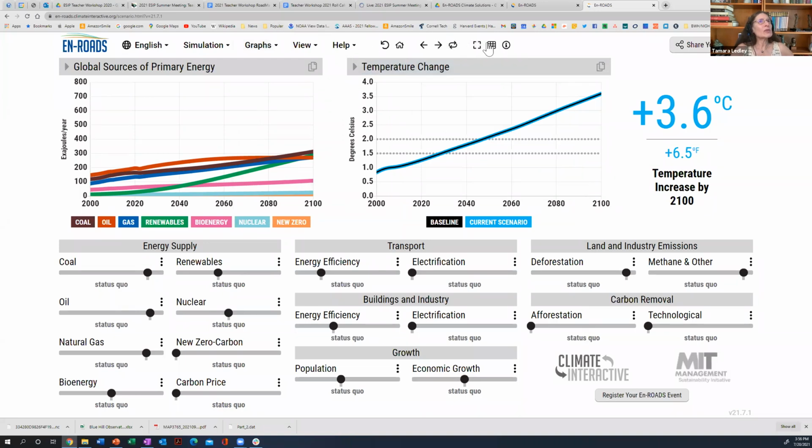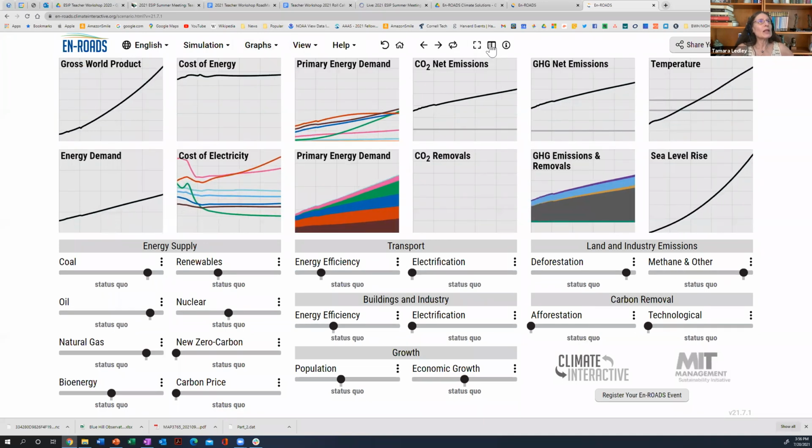The other way to do this is there's a grid up here on the upper part. If you click, you can choose, this is a sort of a shortcut to get to various graphs. So there is the air temperature one here. There's sea level rise, greenhouse gas emissions. These are all in that menu. Did that answer your question, Orkan?